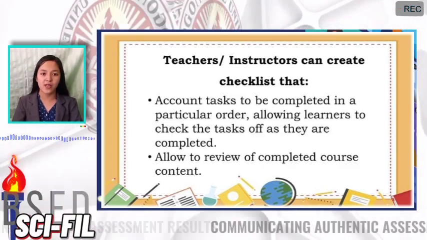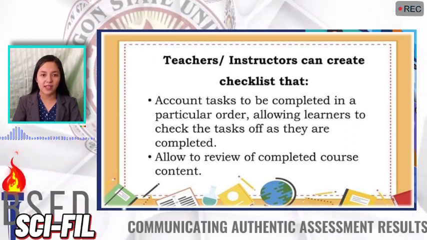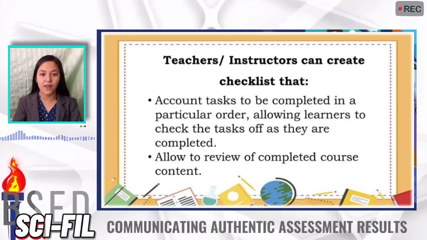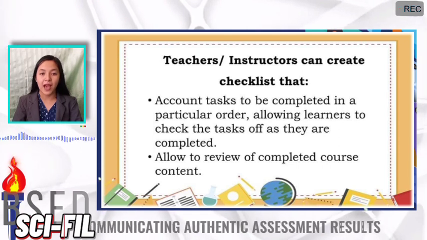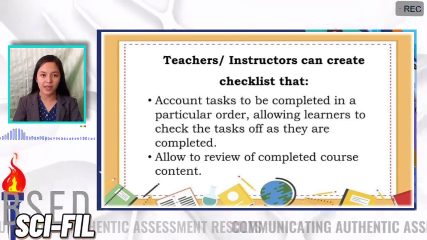Teachers or instructors can create a checklist that lists tasks to be completed in a particular order, allowing learners to check the tasks off as they are completed. An example of this is following a recipe or a lab experiment.